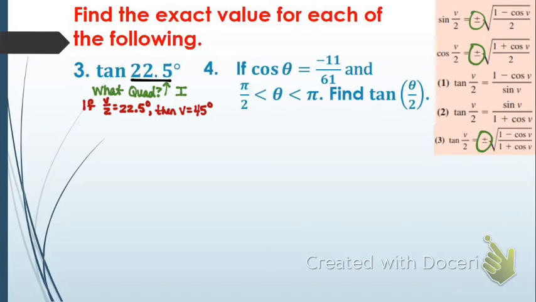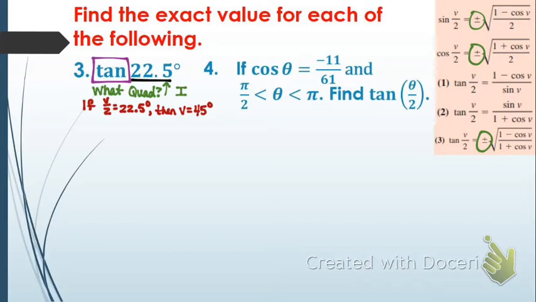Because this is how I get my exact values. 45 degrees is on my unit circle, right? So I need to know that so that I can get some exact values. We're trying to find tangent of 22.5 degrees.